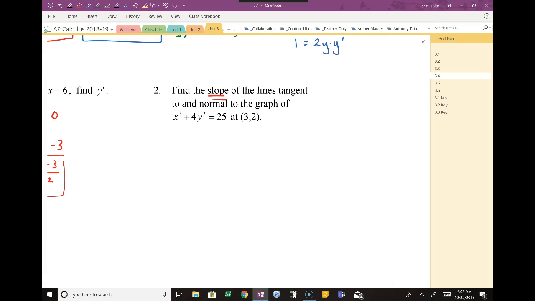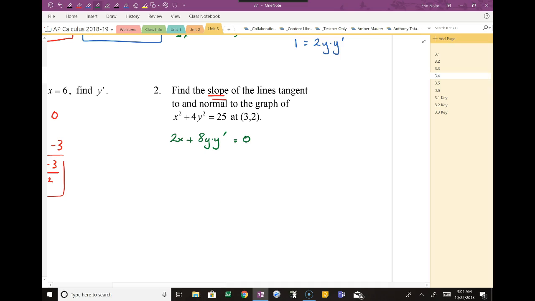So when I derive it, what is the derivative of x squared? 2x, good. What is the derivative of 4y squared? Good. 8y times y prime. And the derivative of 25 is 0. What do I do next? Solve for the y prime.